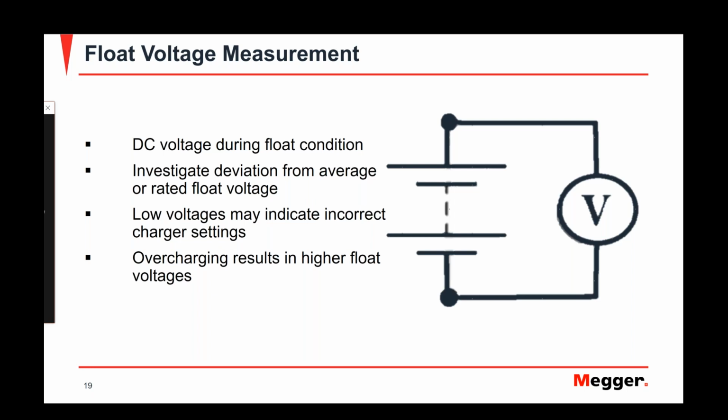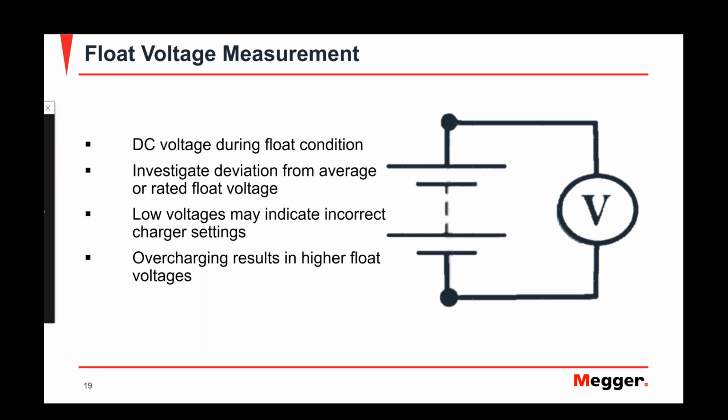A low cell voltage can indicate a shorted cell or an incorrect charger setting. However, another scenario for a cell with a low voltage involves the string overall. Now, remember that the battery charger is set to maintain a minimum voltage across the entire battery string. Well, if you have one cell that has a low voltage, the other cells are probably being overcharged to help meet the setting of the battery charger.